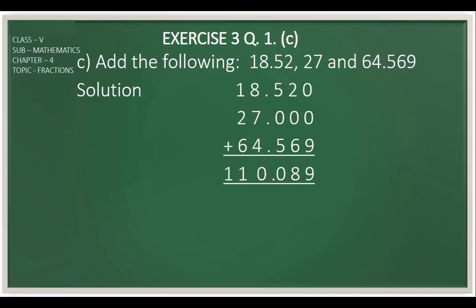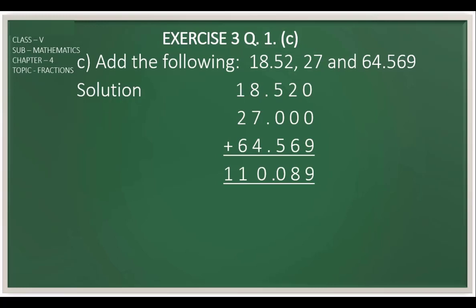Let's try to solve one more question. Exercise number 3, question number 3C. Sham spent rupees 25 for buying chocolate, rupees 37.5 for buying burger, and rupees 350.75 for buying pizza. How much did Sham spend for buying these?